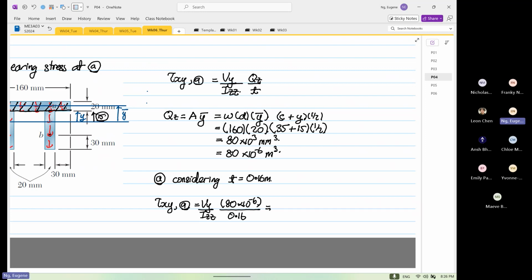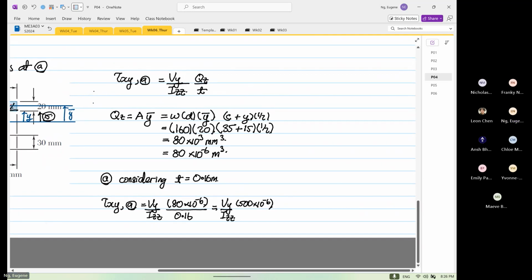So this will be equal to 80 times 10 to the power minus 6 divided by 0.16, which is equal to Vy over Izz, and then multiplied by 500 times 10 to the power minus 6.